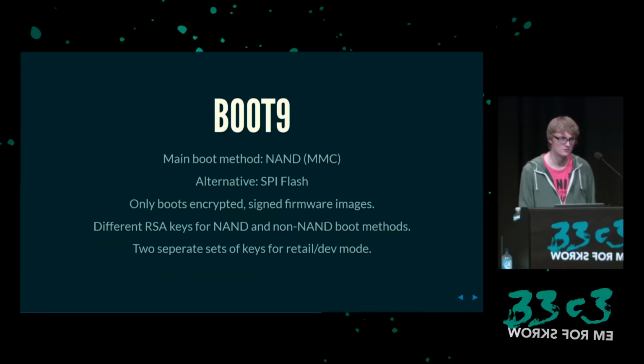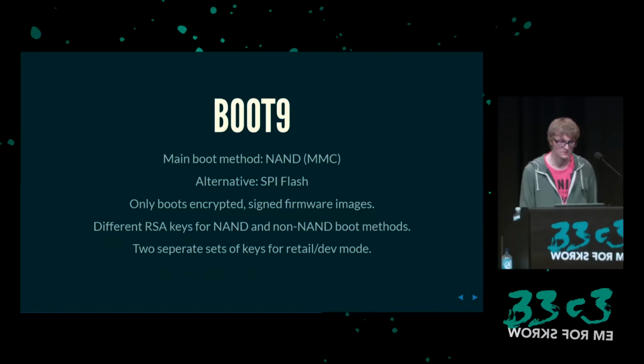There's no freaky development backdoor that we can exploit. It also uses two different sets of keys for NAND and non-NAND boot methods, and also for retail and dev mode. So even when stuff gets leaked, you cannot use it on your retail console.